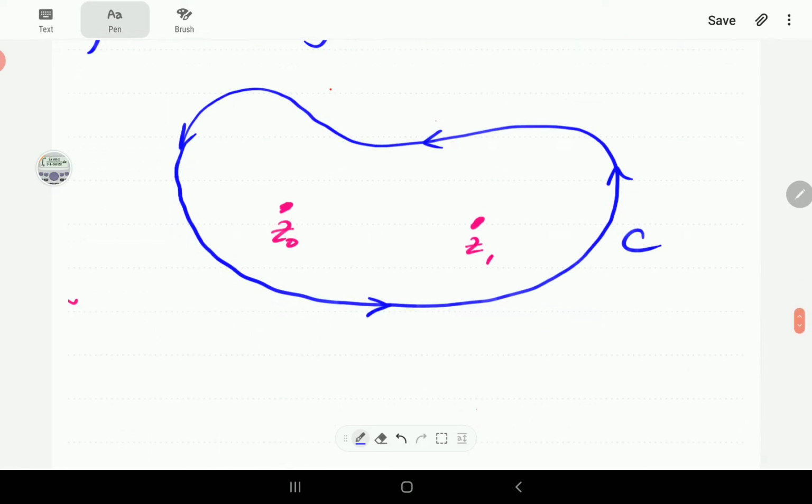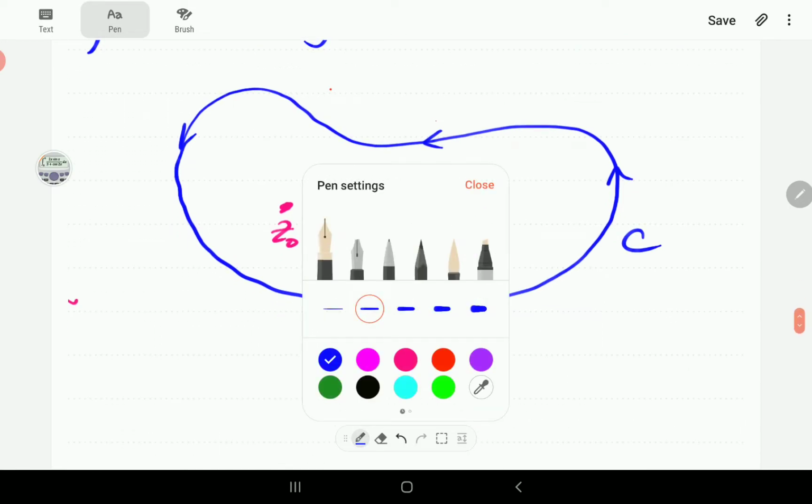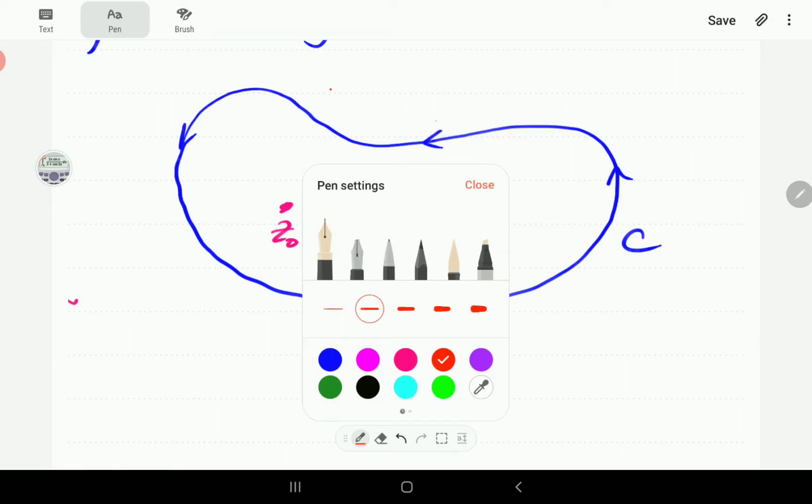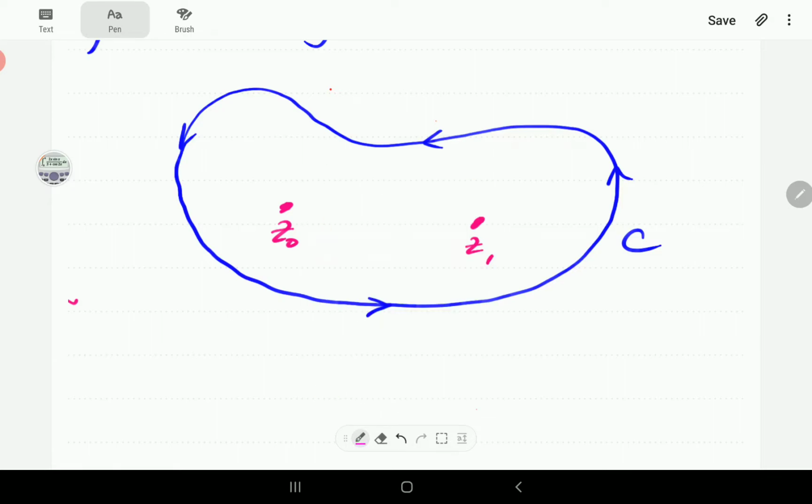What we're going to do is we are going to introduce a modified contour. So let's have a go at this.